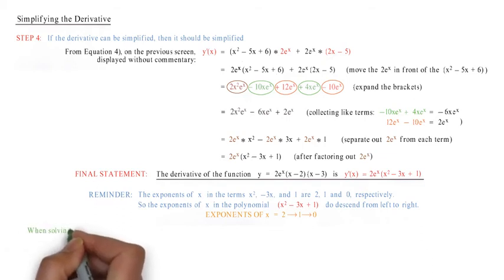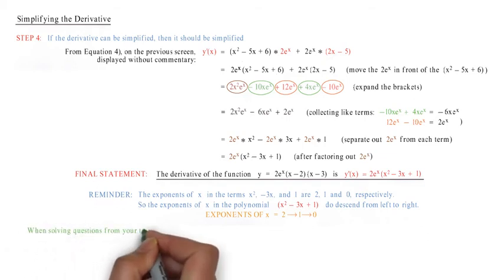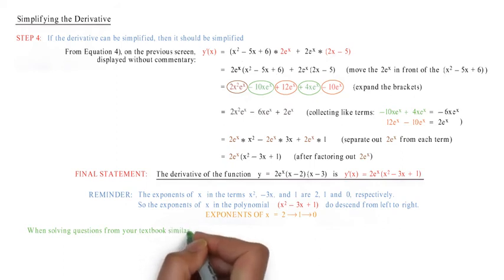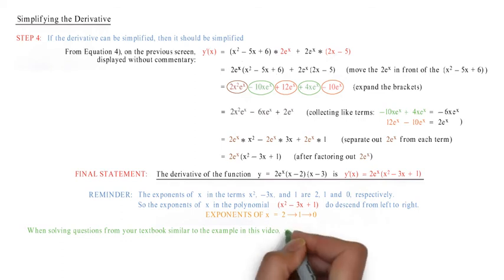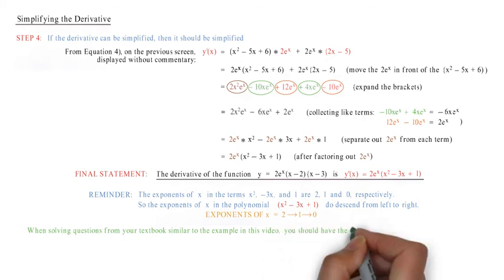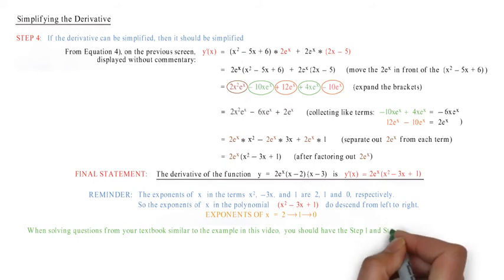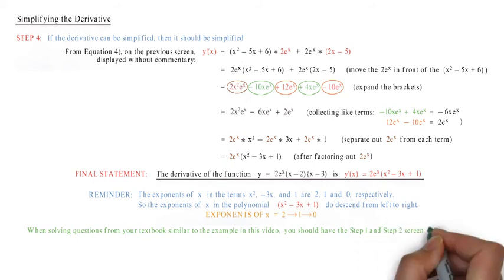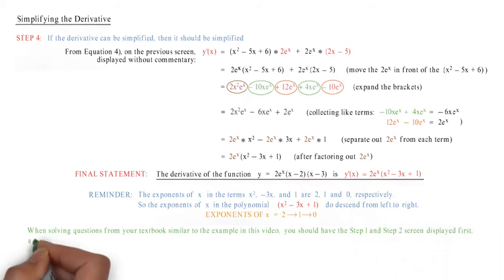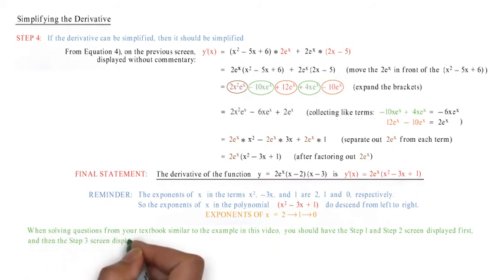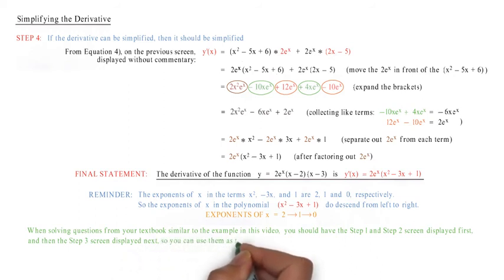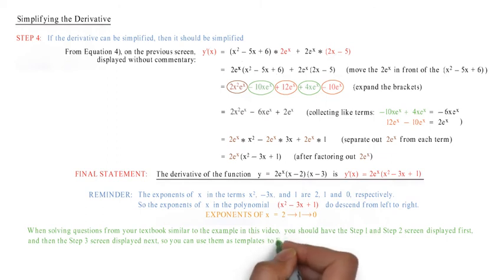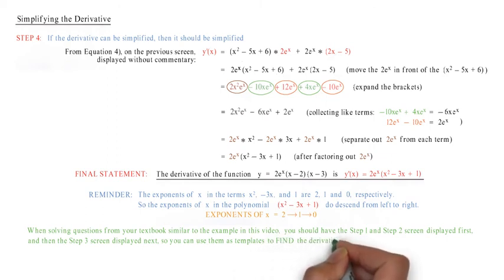When solving questions from your textbook similar to the example in this video, you should have the Step 1 and Step 2 screen displayed first, and then the Step 3 screen displayed next, so you can use them as templates to find the derivative.